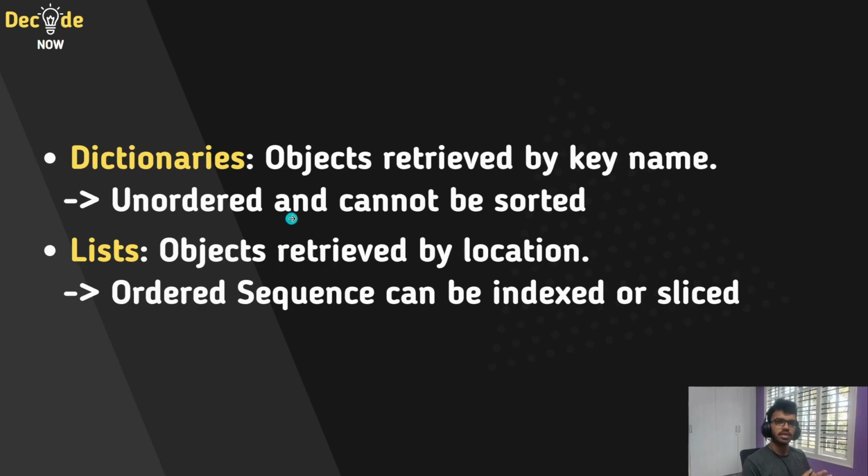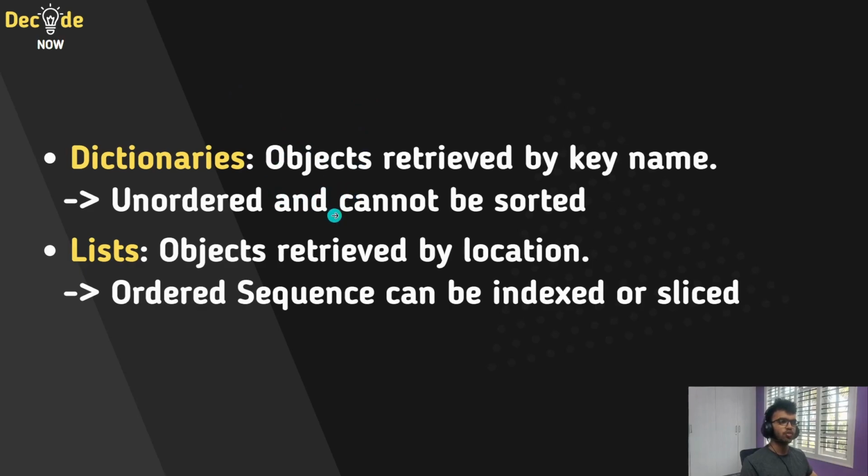For example, let's say you own a supermarket and you have thousands of items and you want to get the price of each individual item. In that case, you will use a dictionary where you store the item and price data in a key value manner, where the item name is the key and the price is the value.